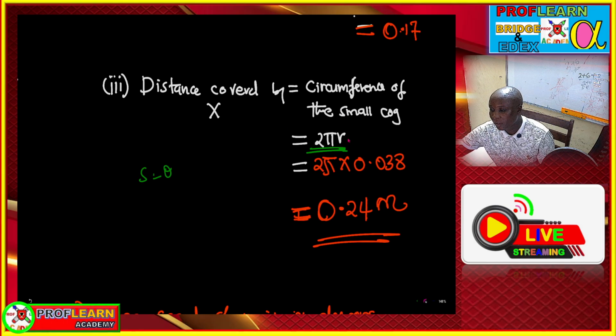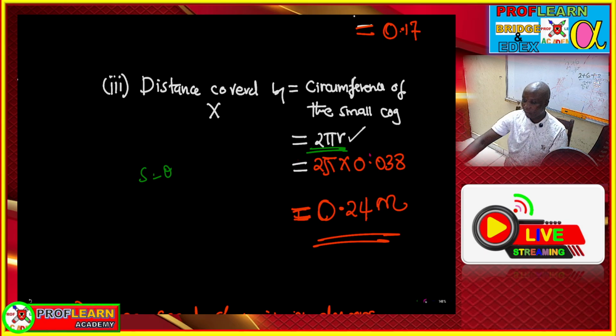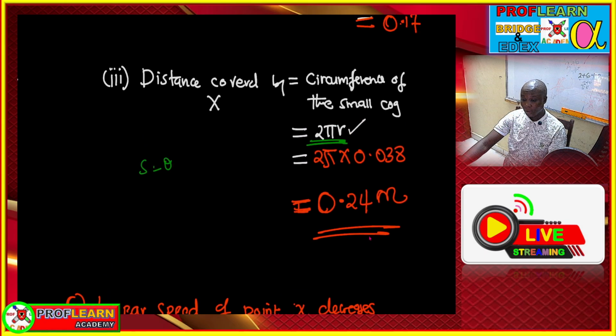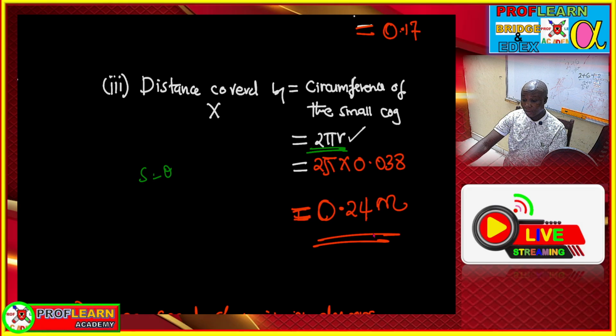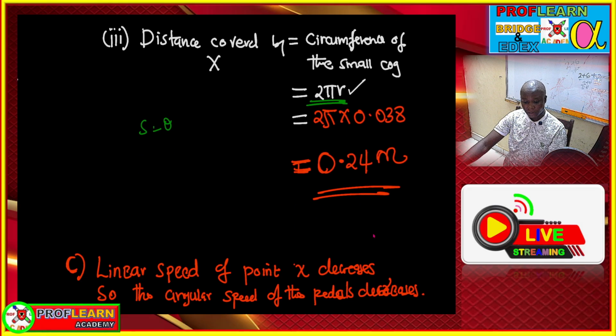If you apply the formula here, you are going to get your answer being equivalent to 0.24 meters. The only thing you are supposed to understand at that point is that the distance covered by point x along the chain is equal to the circumference of the small cog.